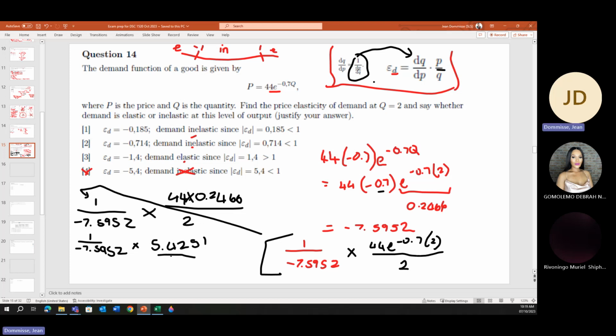So over 1. So if I divide that by 7.5952, I get that my answer is minus 0.714. Okay, which is option 2.